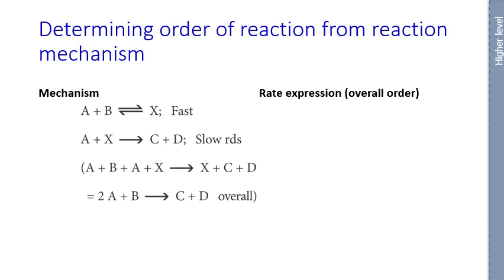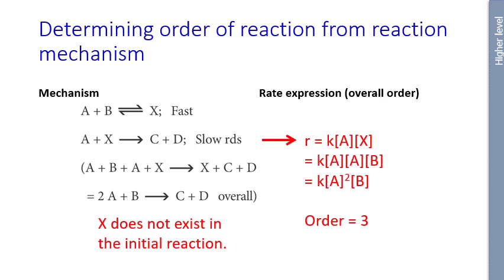If we do the rate expression this time, you'll see that rate equals k times the concentration of A times the concentration of X, because now X is in the rate determining step.